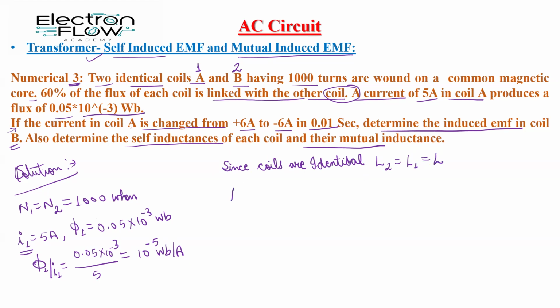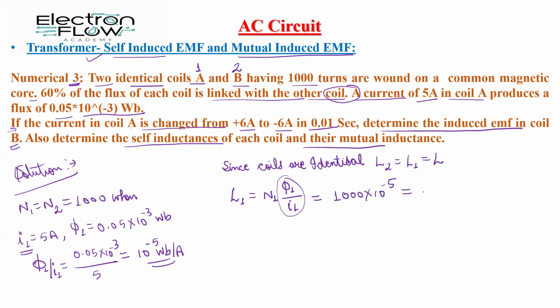We know the formula for the primary self-inductance is equal to N1 multiplied by phi1 divided by I1. This ratio we have already calculated. So it is equal to 1000 into 10 raised to power minus 5.